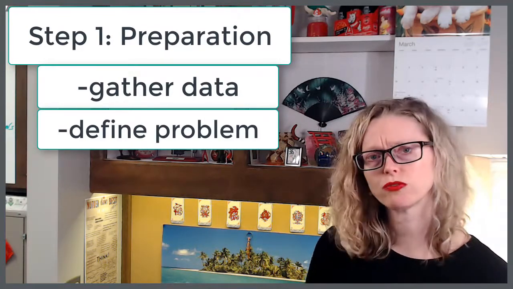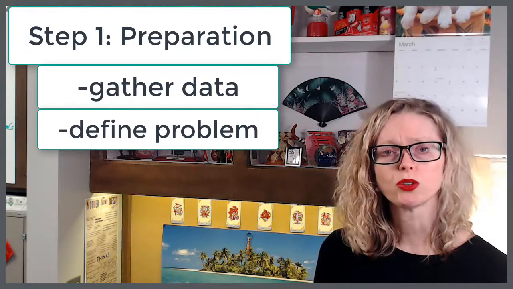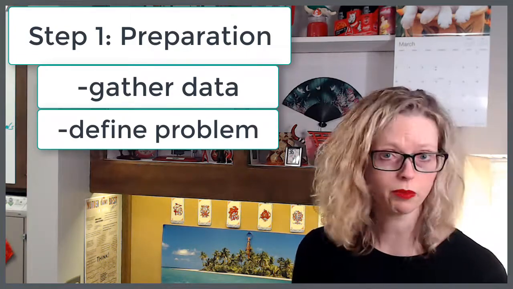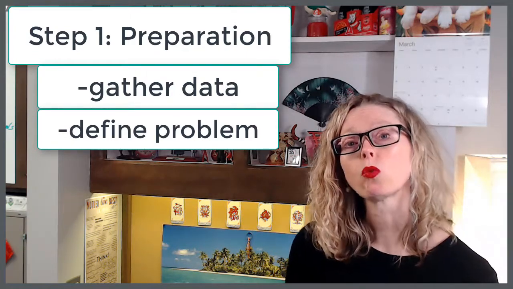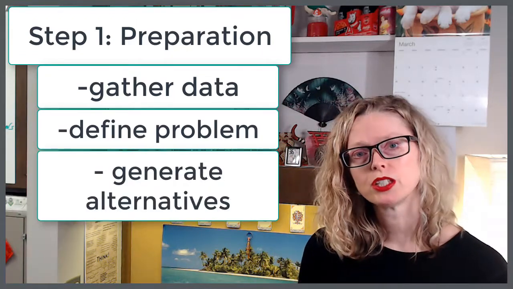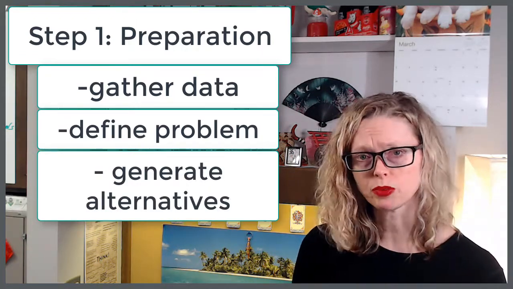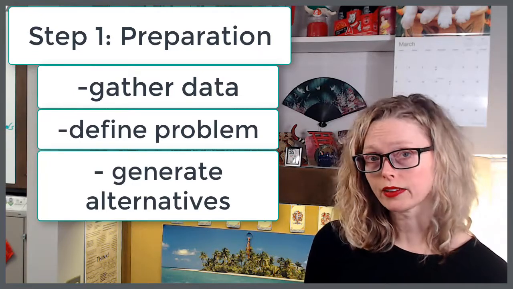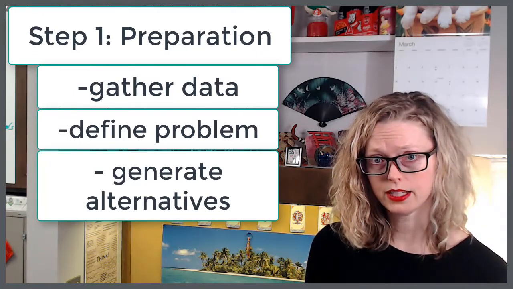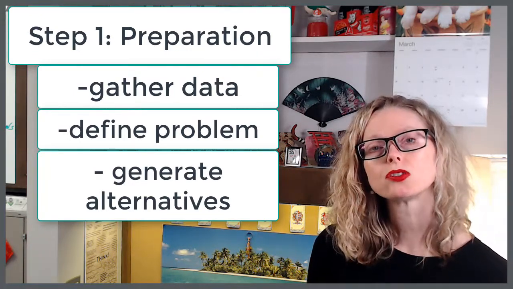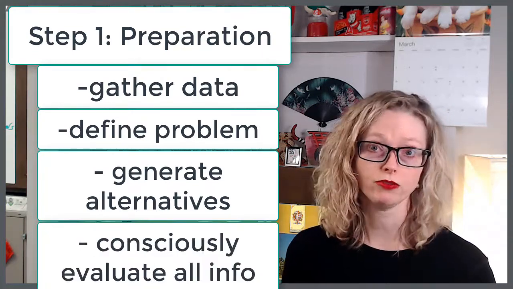So you want to gather as much information as possible. You want to try to create the best definition of the problem that you can, and you also want to generate alternatives. So as many different alternatives as possible. Now, the last step in the preparation phase, which is step 1, is to consciously evaluate all the information.